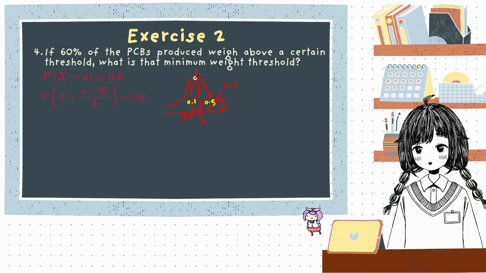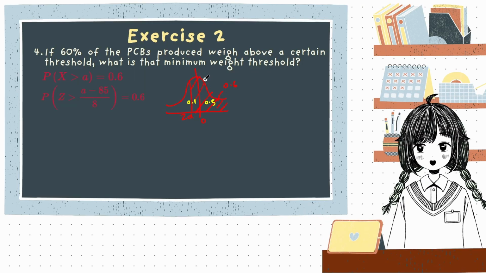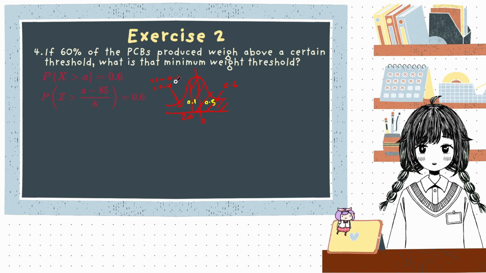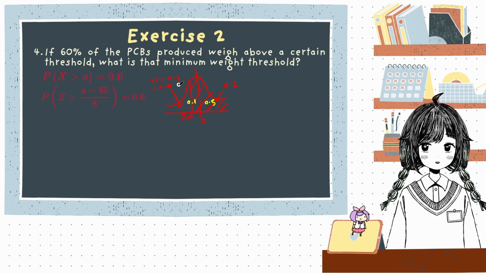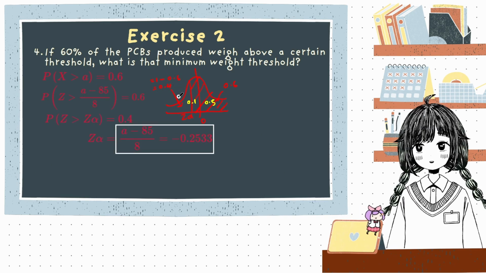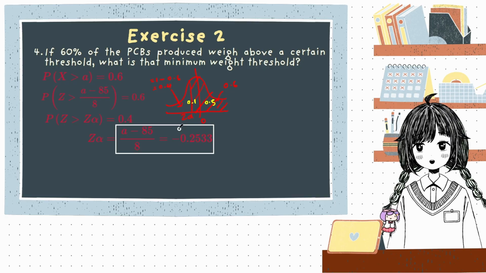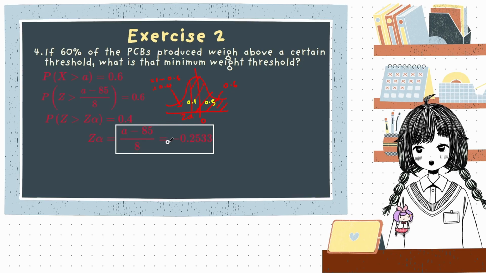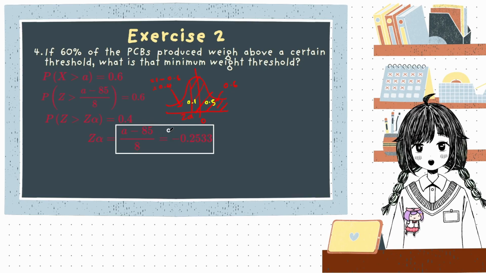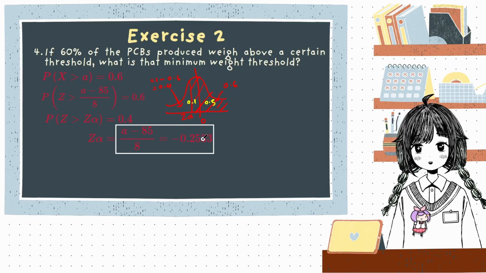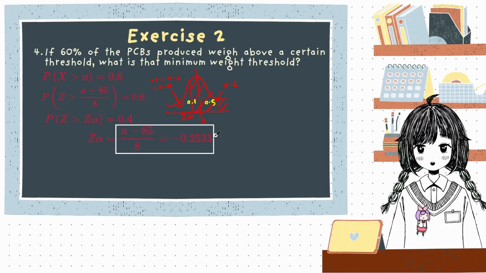Obviously, we can find our values from the Z table with this. So we will be taking this side instead. 1 minus 0.6 equals 0.4. So change it and solve it as usual. 0.4 will be 0.2533 from the table.